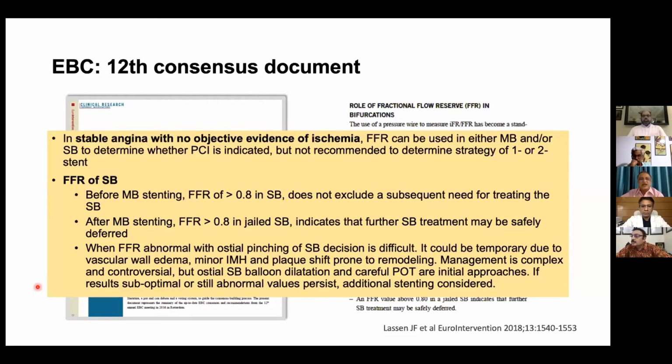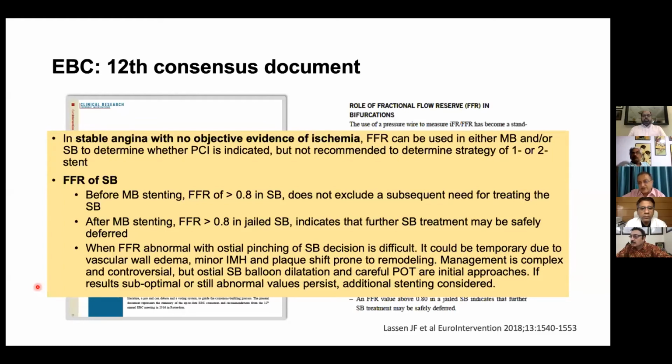After main branch stenting, if it is more than 0.8 despite angiographic narrowing, it indicates that further side branch treatment can be safely deferred. But when FFR is abnormal with pinching of the ostia in angiography, it sometimes may be very difficult, because such pinching could be a temporary phenomenon because of vessel wall edema, intramural hematoma, or it can be because of plaque shift prone for remodeling, or carina shift.